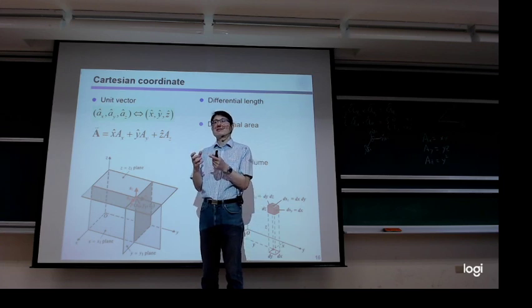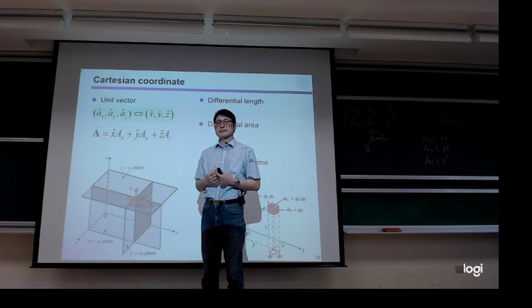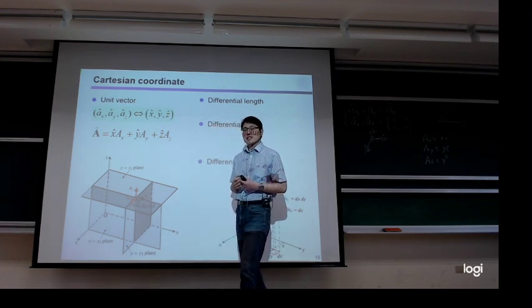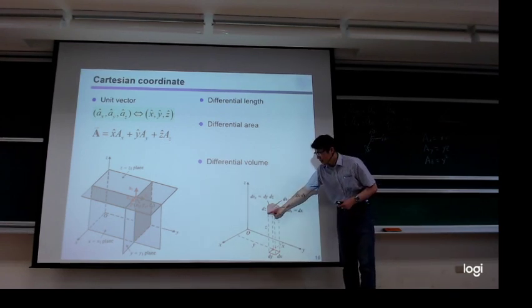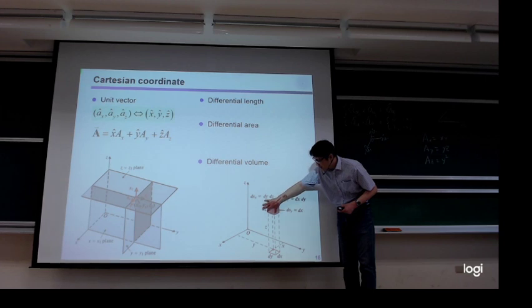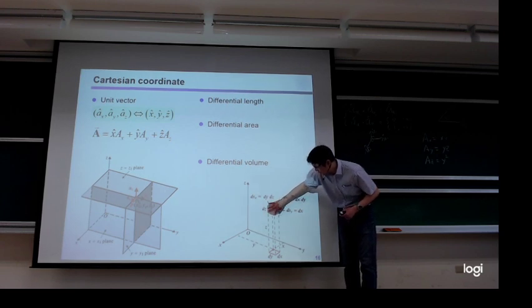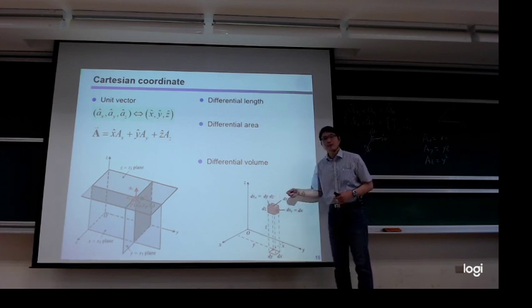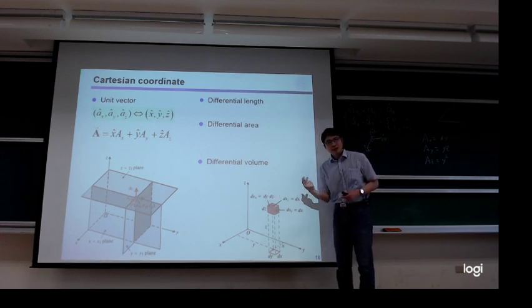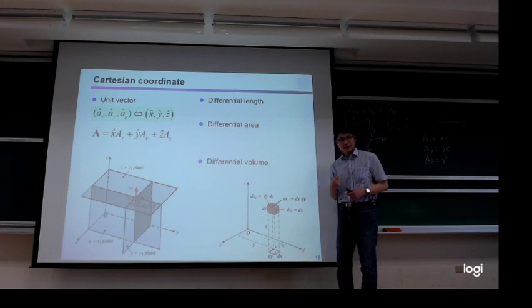What type of three-dimensional object would I result in? In Cartesian coordinates, if I start with a certain point and I allow it to have some offset or shift in the y direction, x direction, and z direction, the result will give me a cube, a very small cube, right?